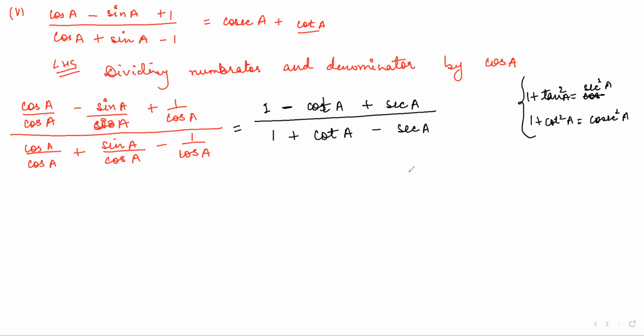Okay, let me try this one, from identity number 1. Now look at this identity number 1. So 1 plus tan square A is equal to sec square A, correct? So 1 is equal to sec square A minus tan square A.